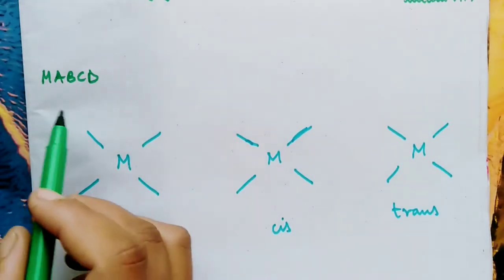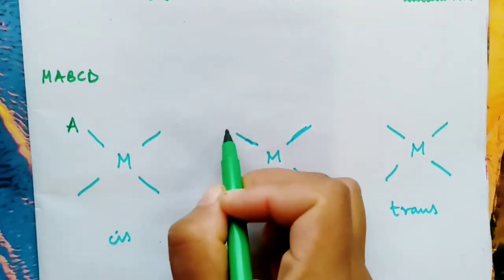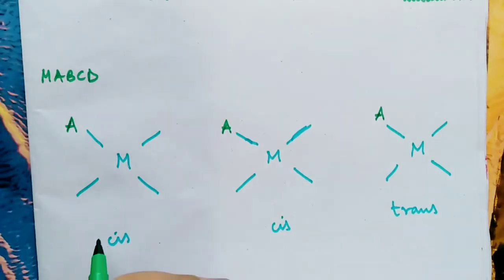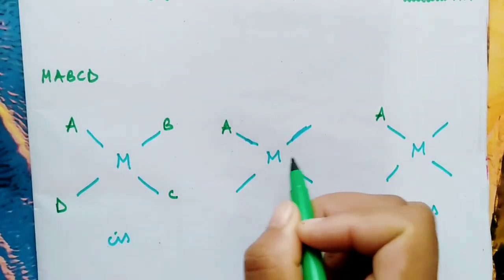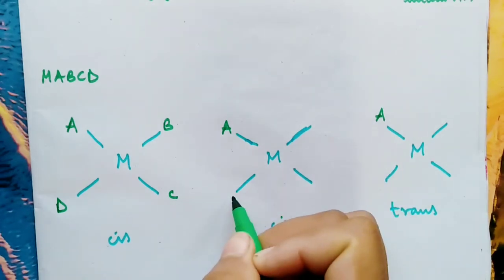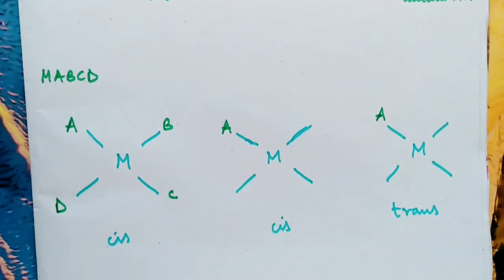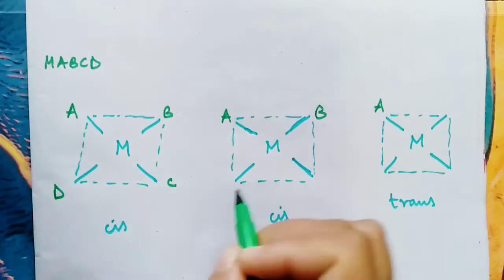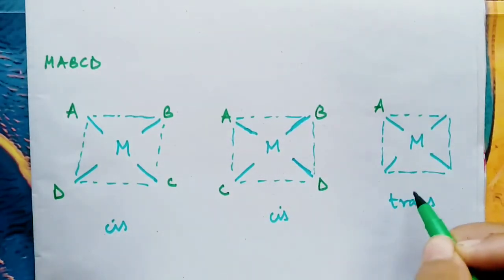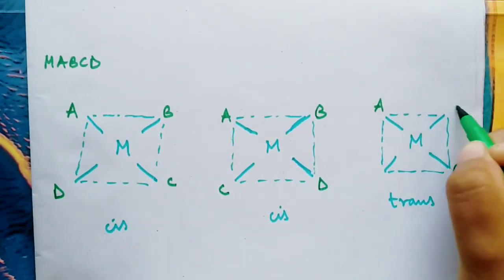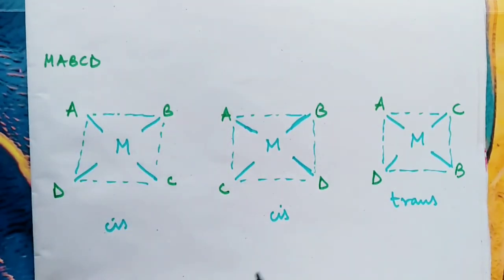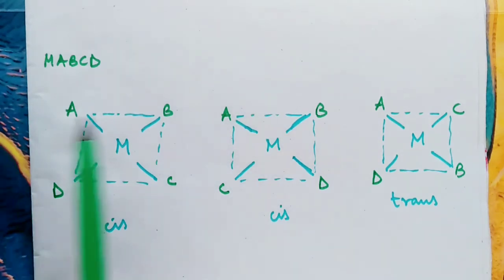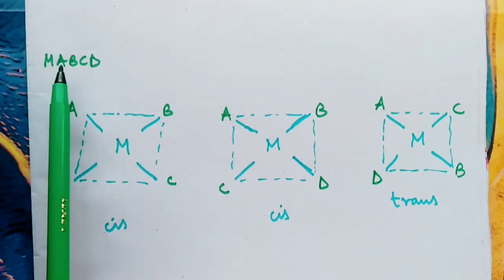What can you do here? For A, you can keep it fixed. So here we have A, B, C, D. This one is your cis. And then the next, A, B, C, D. And for the trans, it is A, B, C, D. Okay, so you keep your A fixed and you change only the position of the ligands B, C, and D. So these are the 3 isomers given by the complex of the type MABCD.